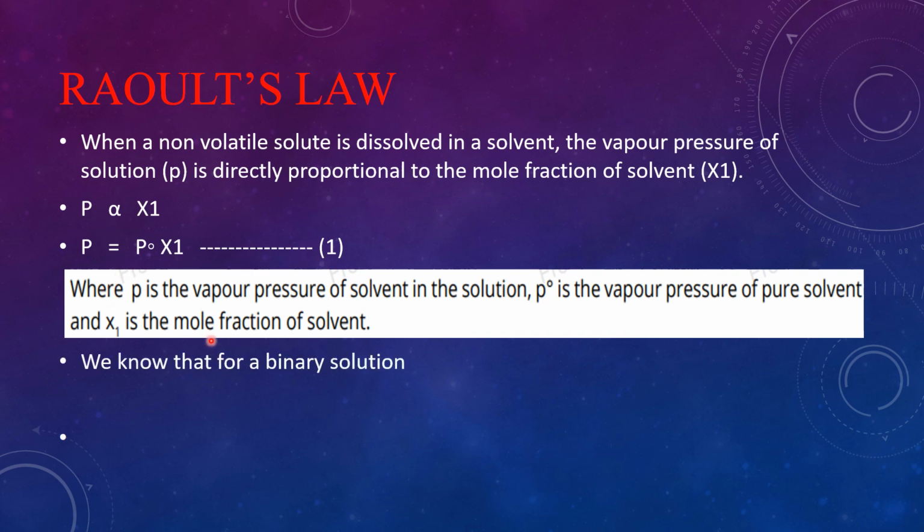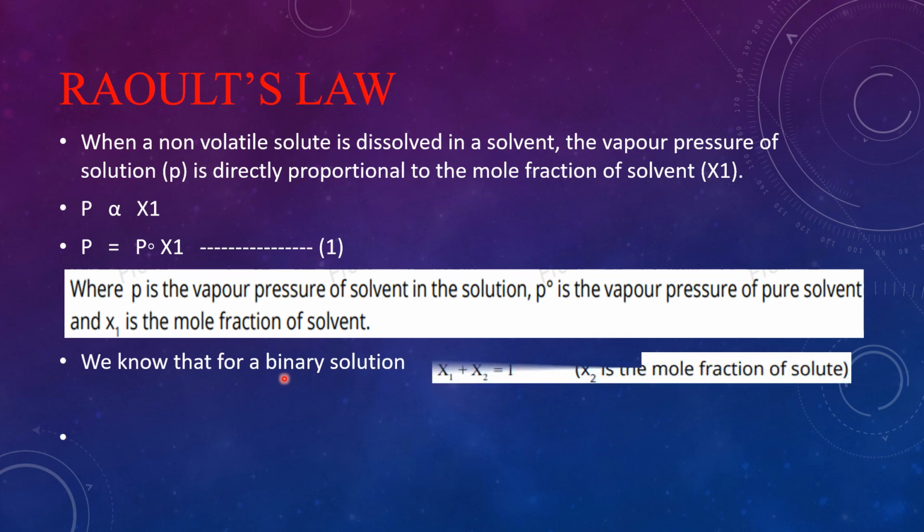And when we consider a binary solution, meaning a solution containing two components, one is the solute and the other is the solvent. In the binary solution, X1 plus X2 is equal to 1. X1, as I have told you, is the mole fraction of the solvent, and X2 is the mole fraction of the solute.